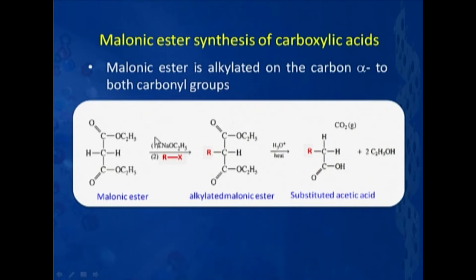So, I do alkylation and I get an alkylated malonic ester. Thereafter, I perform hydrolysis. As a consequence of hydrolysis followed by decarboxylation, what I get is a substituted acetic acid. So, this is my carboxylic acid which I can generate from here.